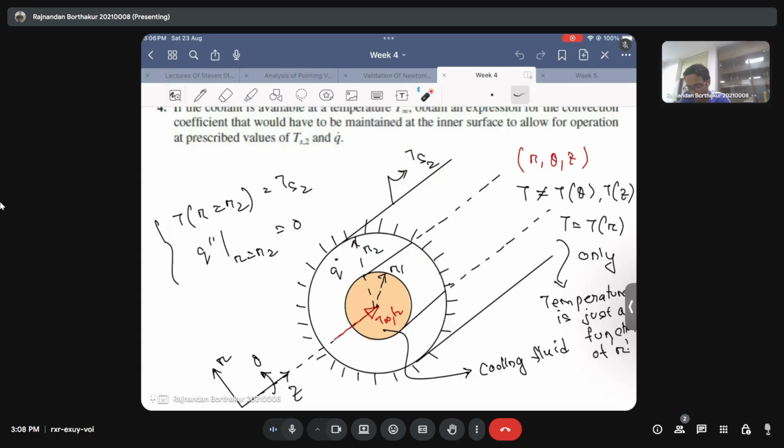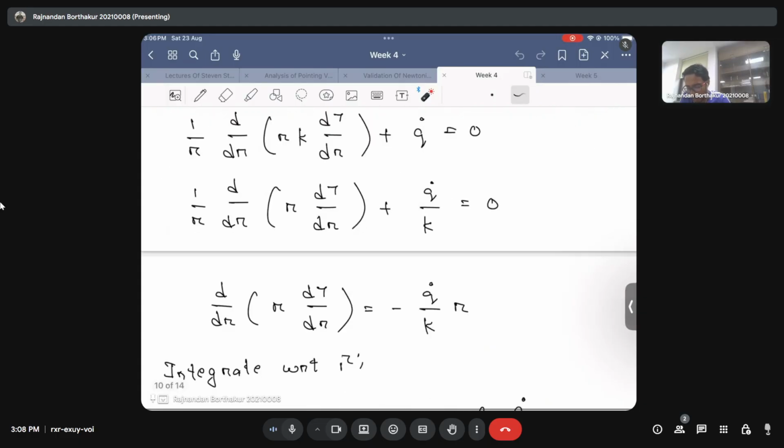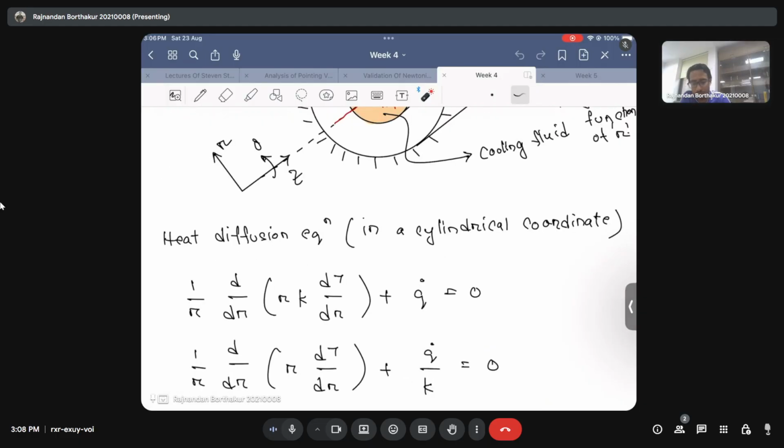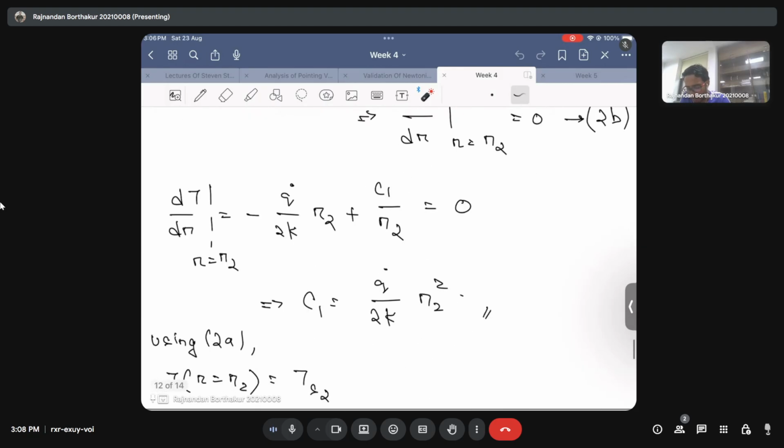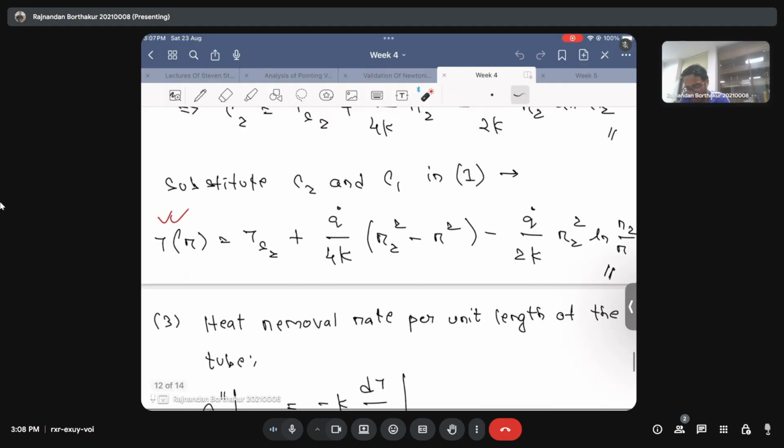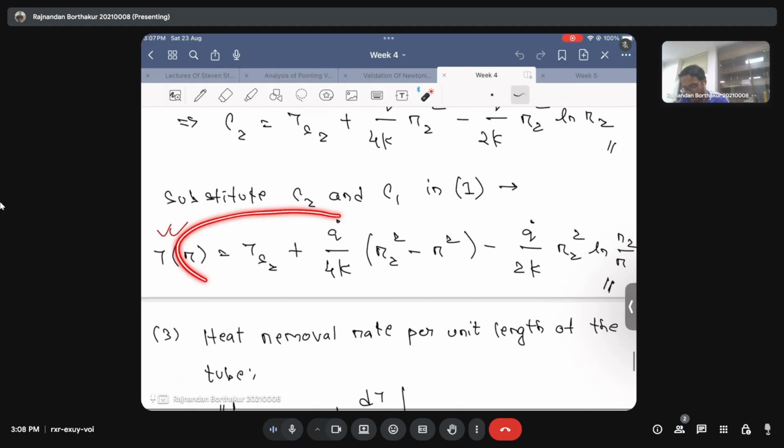Given this information, they asked us to start from the heat diffusion equation and solve for the temperature profile, and then using the appropriate boundary conditions we evaluated how T as a function of R would look. This came as a function of Ts2, Q dot, and the material property K, also showing dependence on R2.